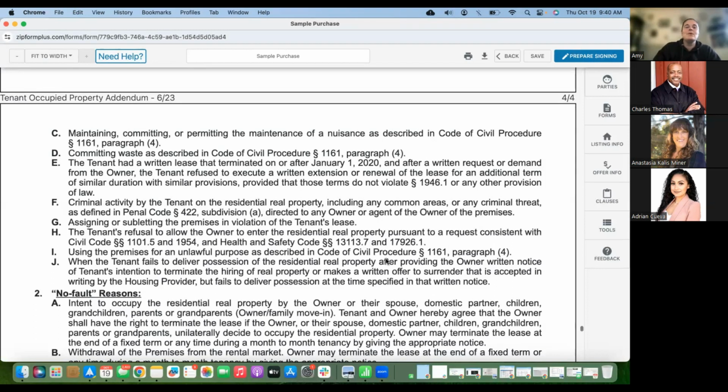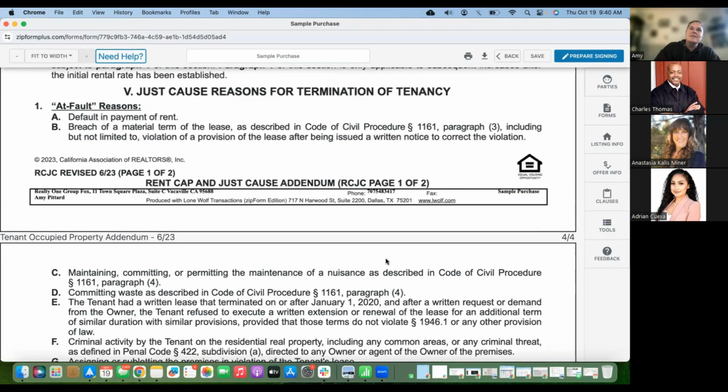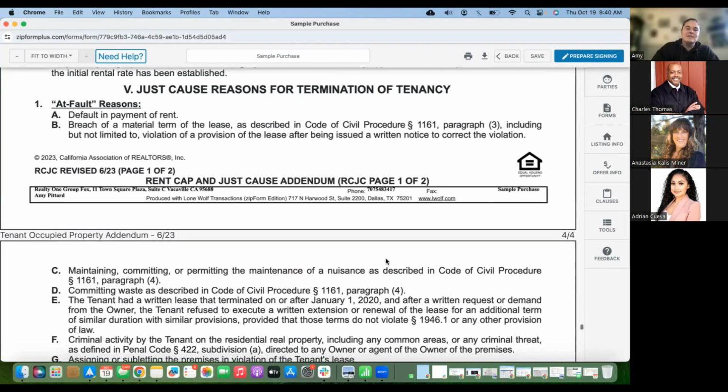So those would be all the at-fault reasons that could cause you to terminate tenancy by just cause reasons, okay?